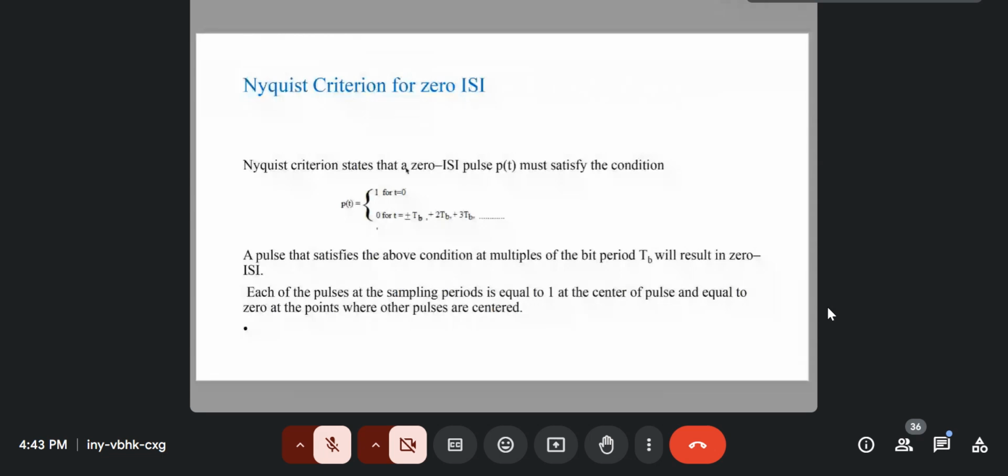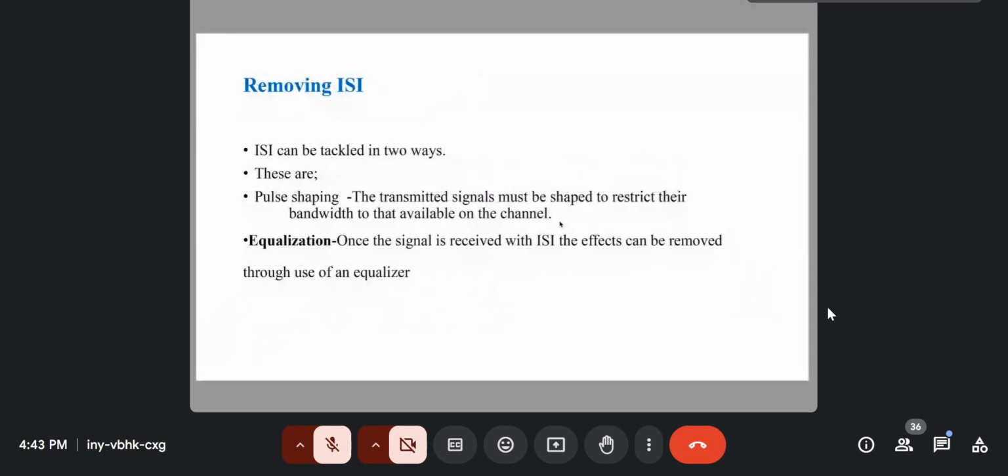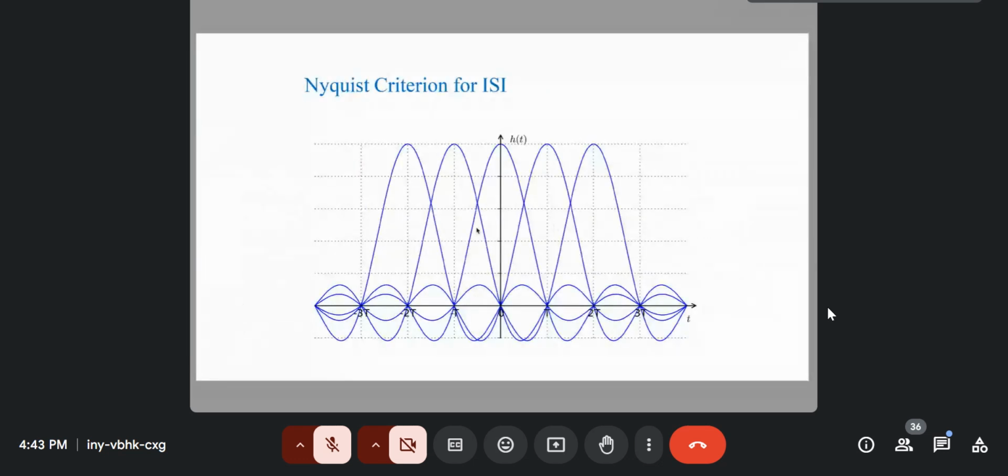What we are saying is that a zero ISI pulse p(t) must have this property: it is 1 for t equal to 0, and 0 for t equal to plus or minus Tb, plus or minus 2Tb, plus or minus 3Tb, and so on. It must be like this.